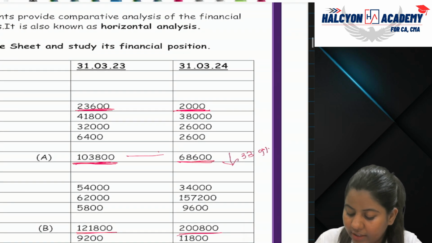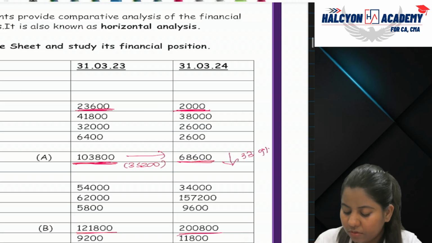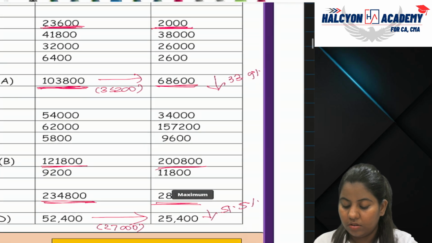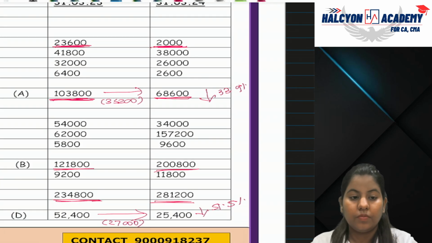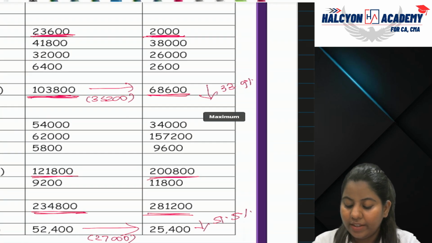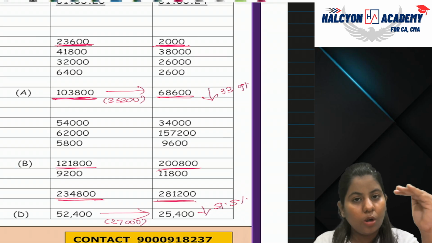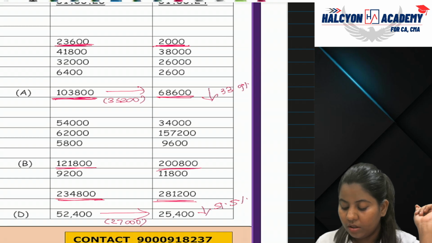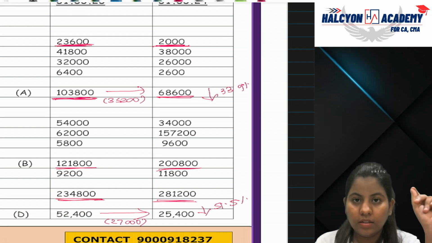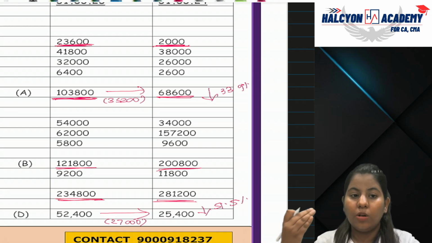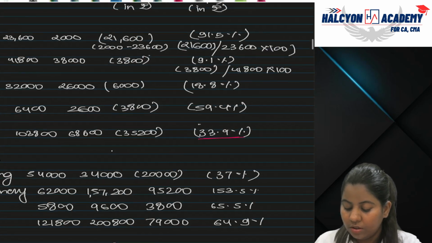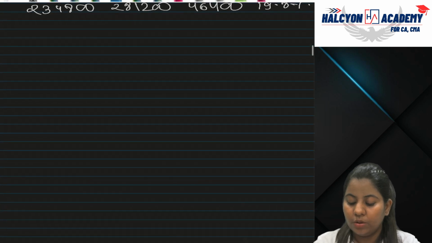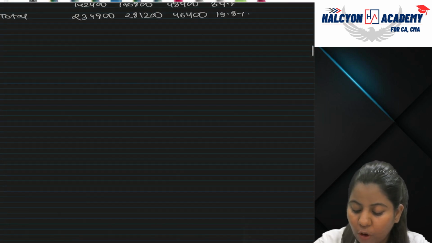And current assets are decreased by minus 35,200 rupees, right? So we can see that the current assets are decreasing and current liabilities are also decreasing. You have to write the conclusion one by one, what you have observed.